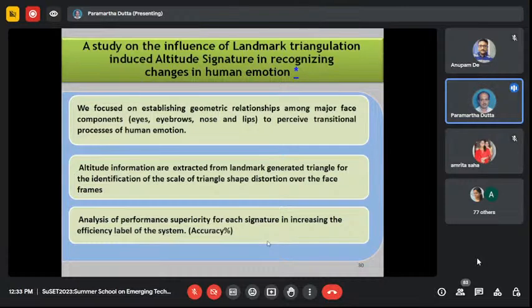Basically we are considering different forms of geometric features or geometric information characteristics for our purpose, and they are being exploited for the purpose of good classification.